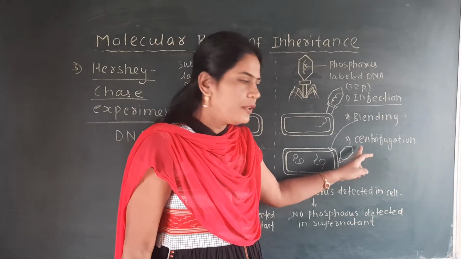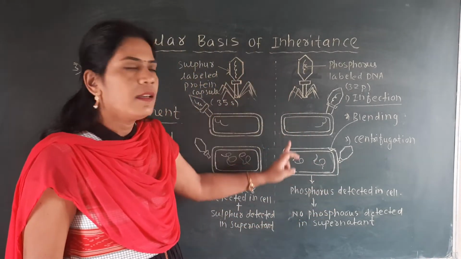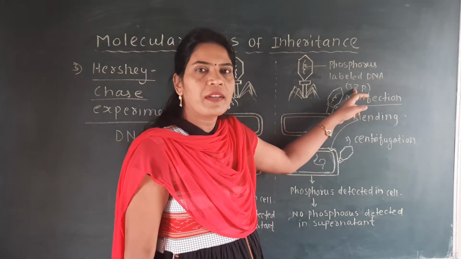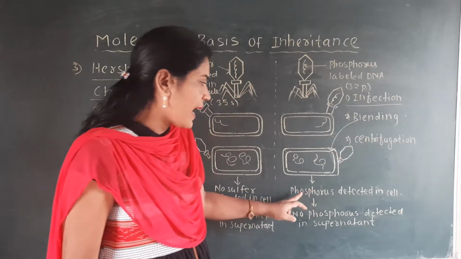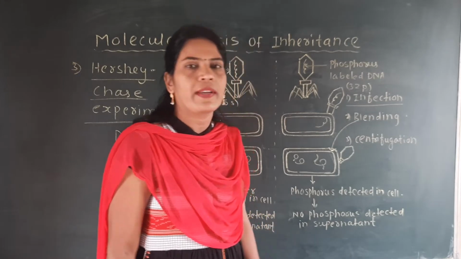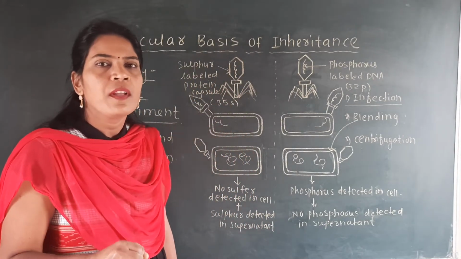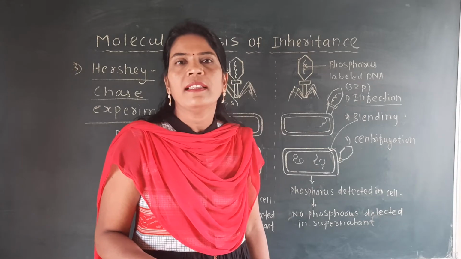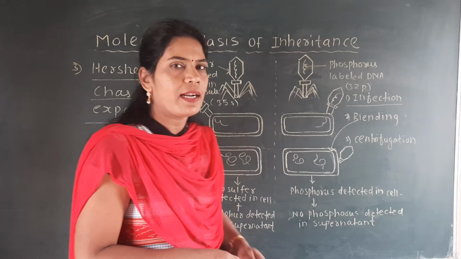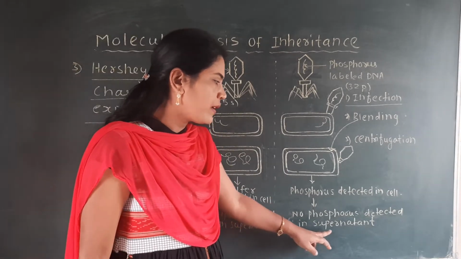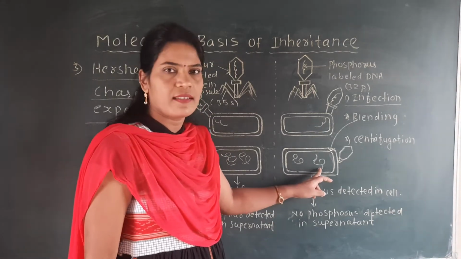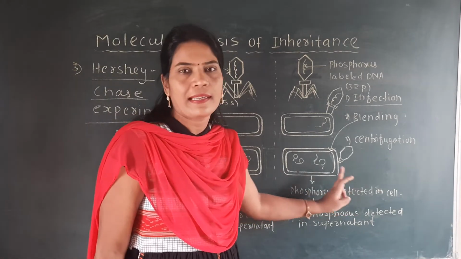Due to the centrifugation, the result found is that in the medium where the viruses are grown in a phosphorus containing medium, phosphorus is detected in the cell and no phosphorus is detected in the supernatant. Means after centrifugation, there is a liquid content present above the solid material, and in that liquid content you will find that phosphorus is not detected, because all the phosphorus is present in the virus, and so phosphorus is detected in the cell.